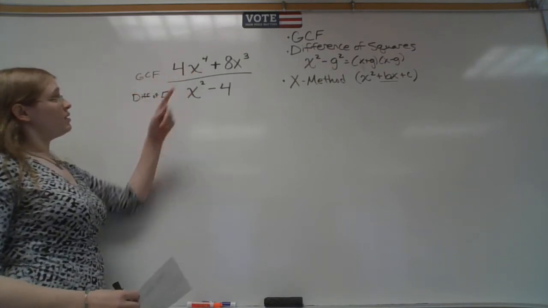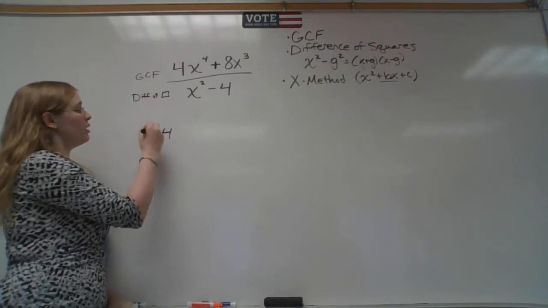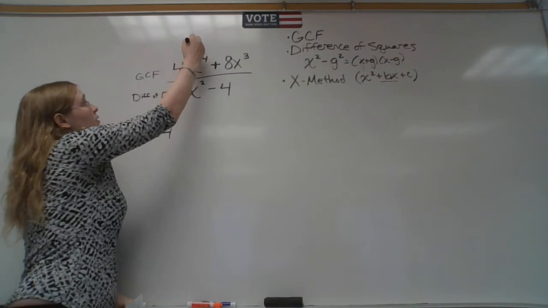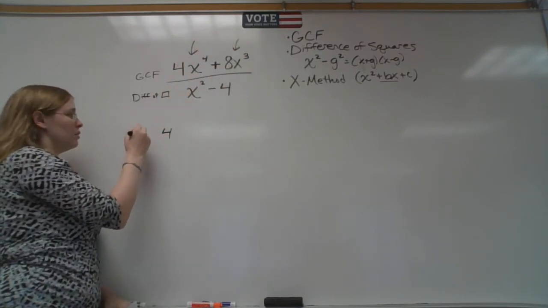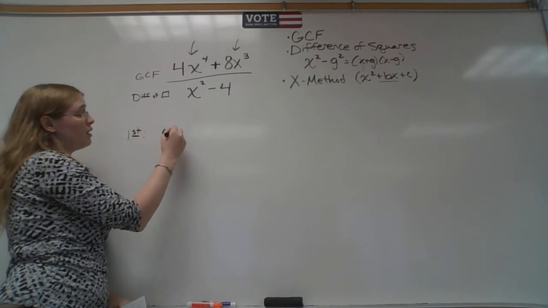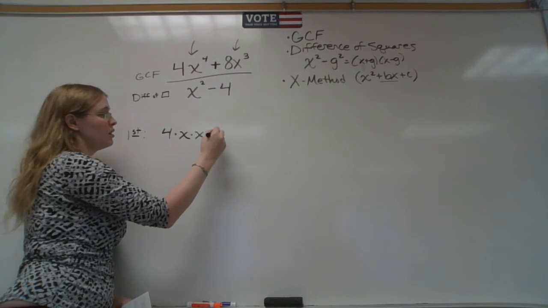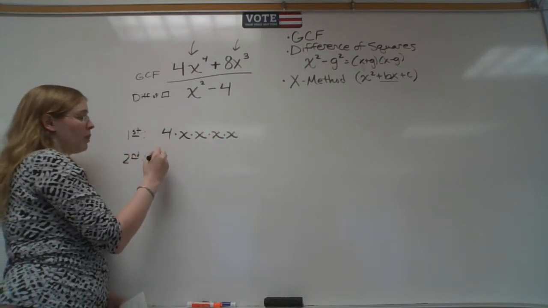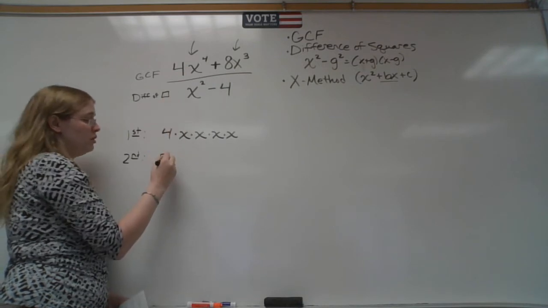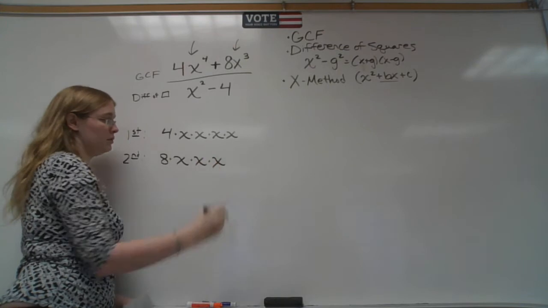Okay? So now we got to get to factoring. So greatest common factor, 4x to the fourth plus 8x cubed. That's where we'll start writing out. We've got first term and second term. So x to the fourth is 4 x's, x times x times x times x. X cubed is 3 x's.